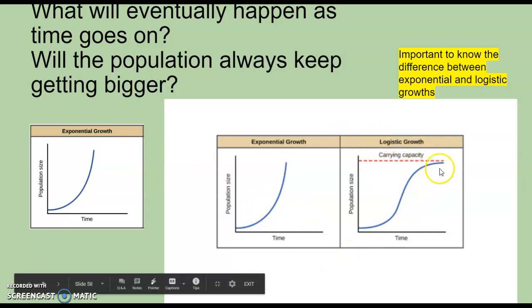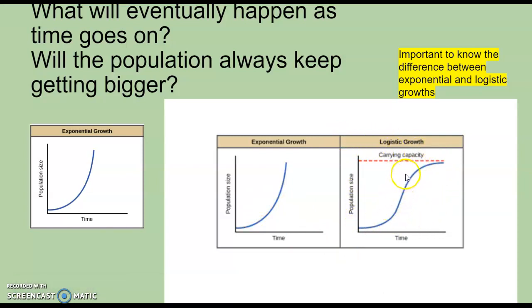We're going to talk about carrying capacity in a second, but as I see it's increasing here, as my resources are running low, it starts to level off. The habitat or the land can't support the higher population. We call this a logistic growth pattern. So it's very important to know the difference visually between a population in exponential growth and a logistic growth pattern.